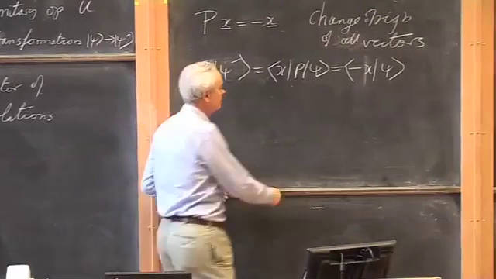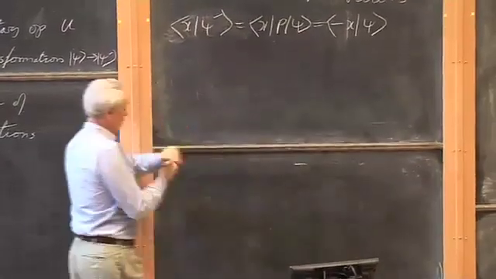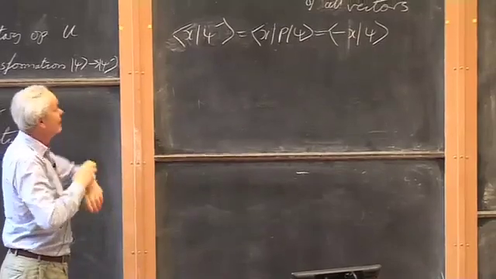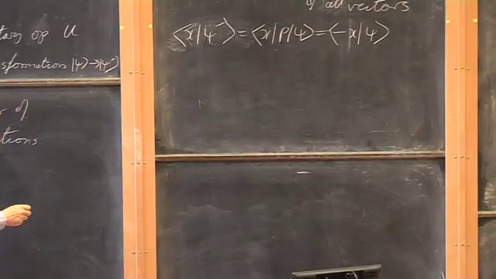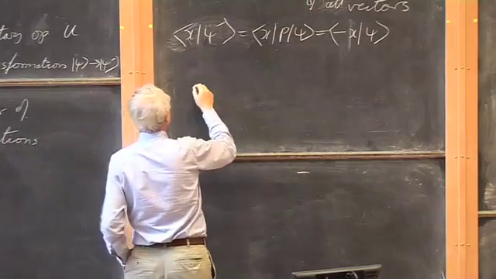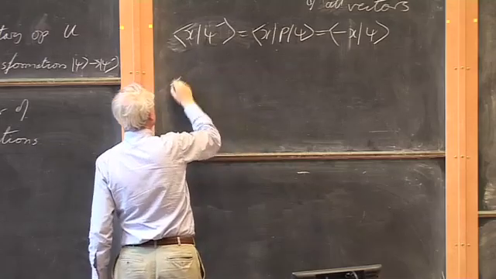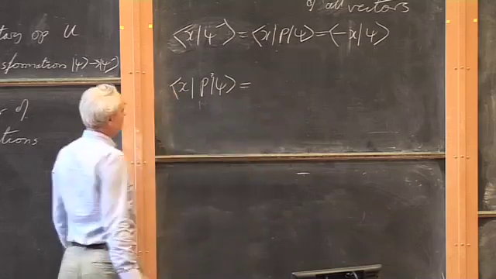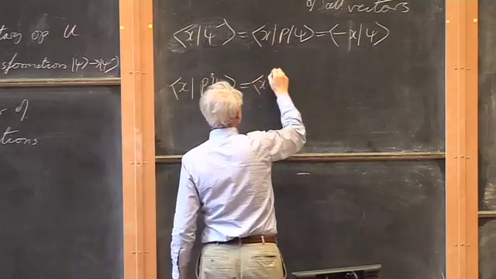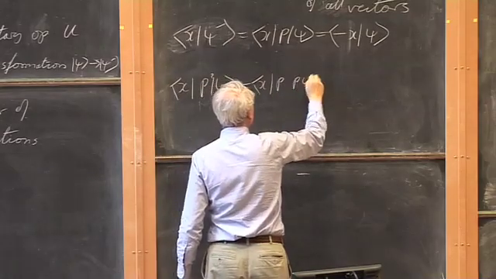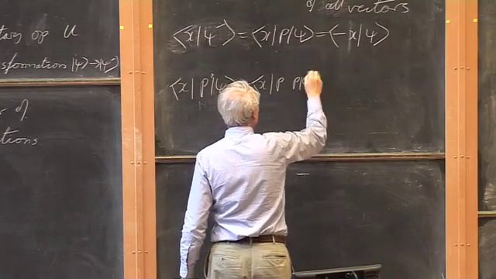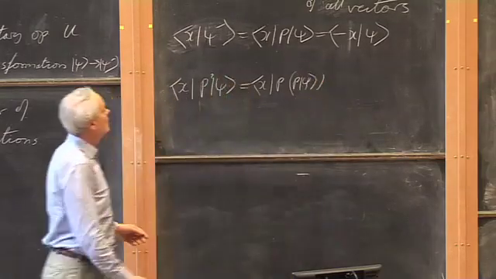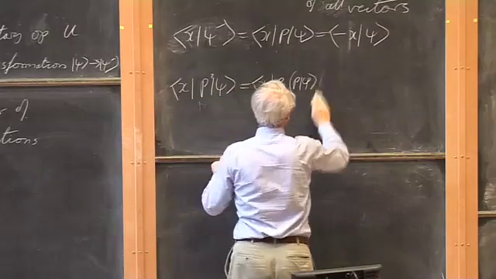And what can we say about this, what interesting statements can we make about this? Well, one very obvious statement that we can make is that if we look at x P squared at psi, then that's x P at psi by definition, obviously.